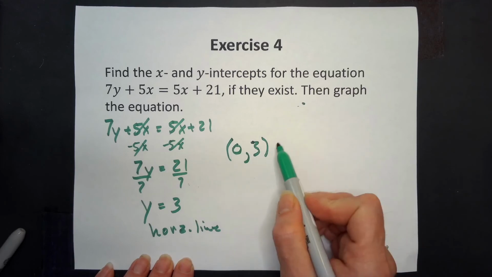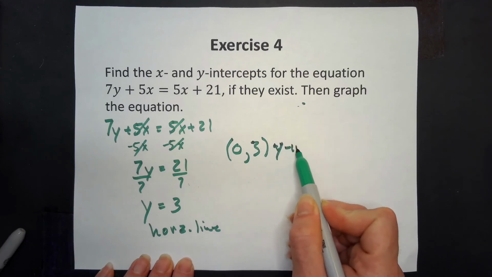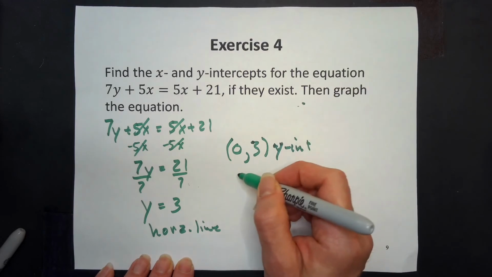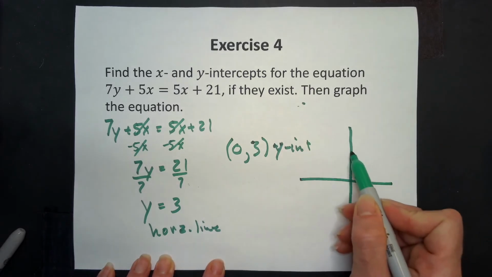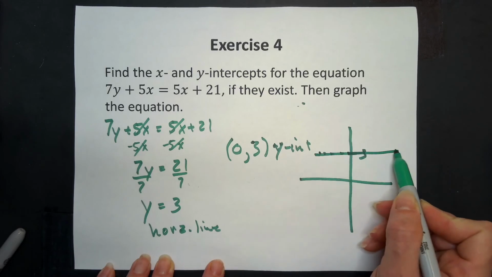That means it's going to intersect the y-axis, so there's a y-intercept. It's not going to have an x-intercept because I'm never going to hit the x-axis unless I am the x-axis. Right here, 3. Draw a line here at 3.